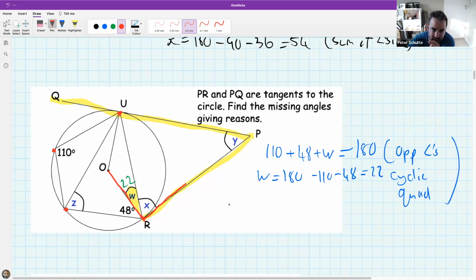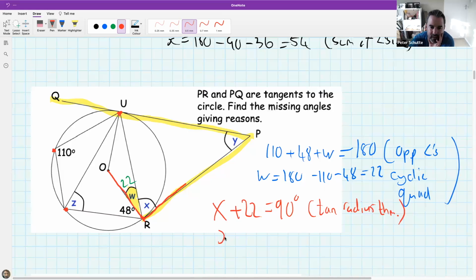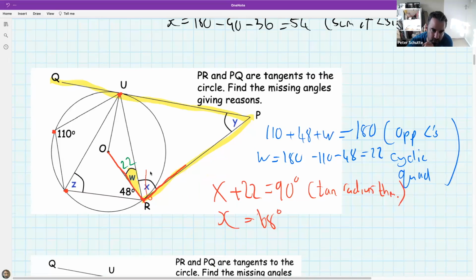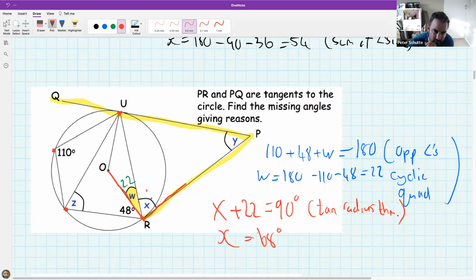So X plus 22 must be 90, tan radius theorem. Therefore, X is equal to 68 degrees. Which one should we do next?